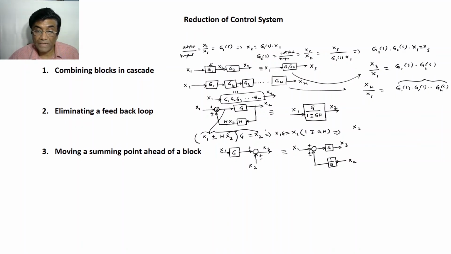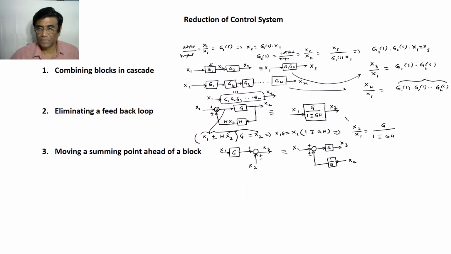So plus becomes minus, minus becomes plus, and so x2 by x1 equals g over 1 minus or plus gh. Okay, so this is what it is.